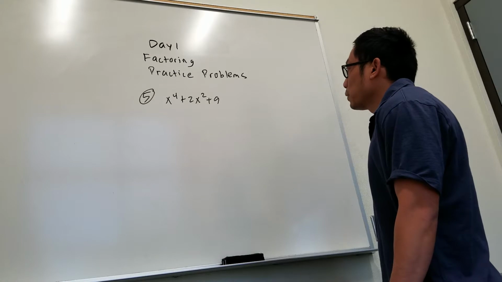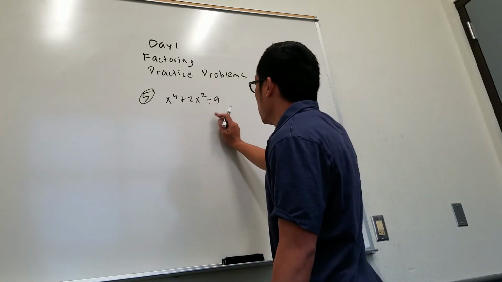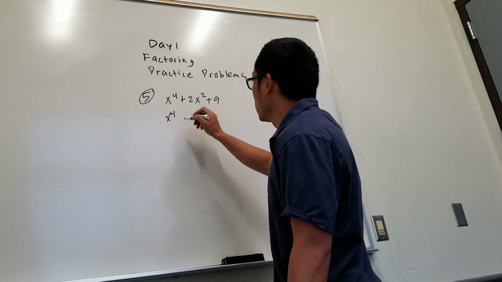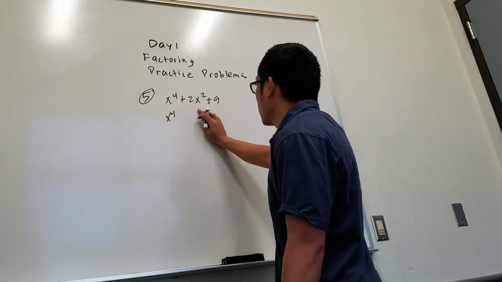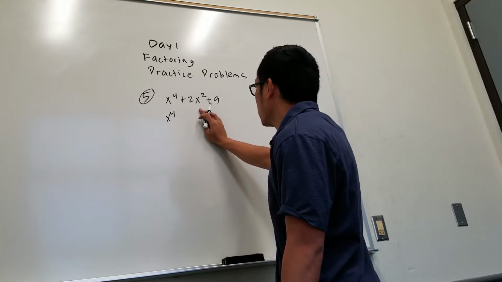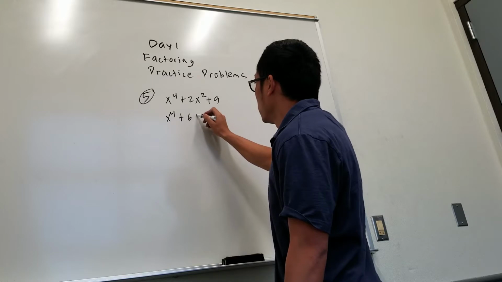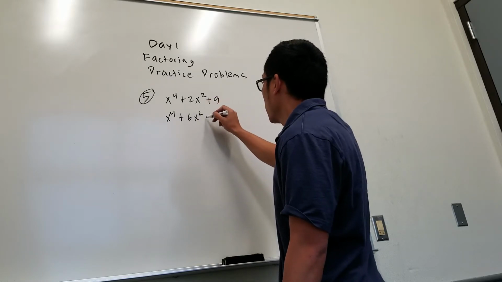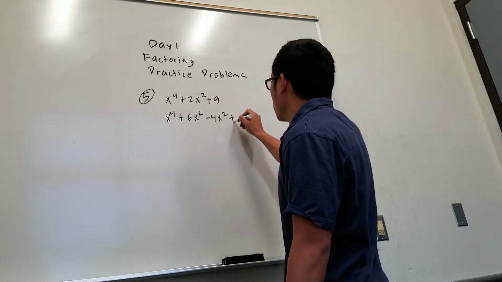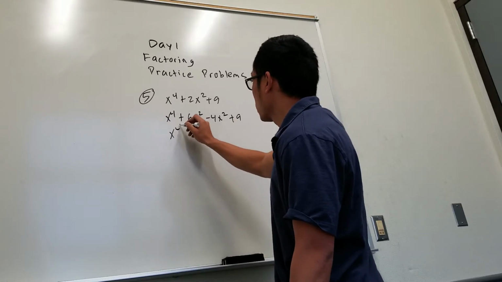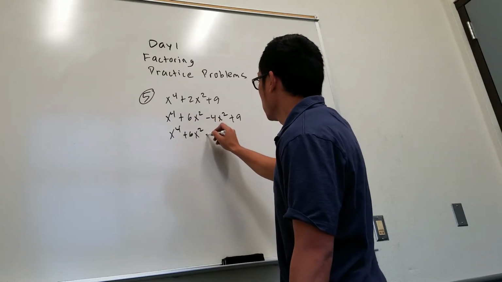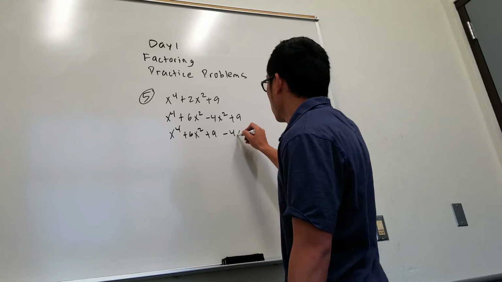I want to make a perfect square from x to the 4th plus 9. But in order to do that, I gotta make this a 6x squared. To get a 2x squared, I gotta subtract 4x squared. Now I get a perfect square plus 6x squared plus 9 minus 4x squared.